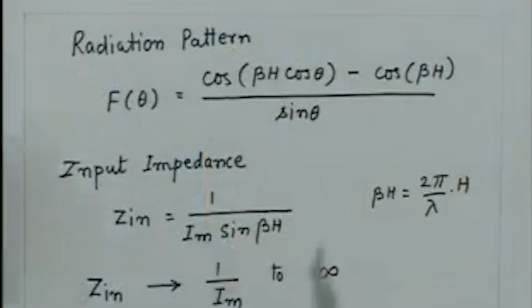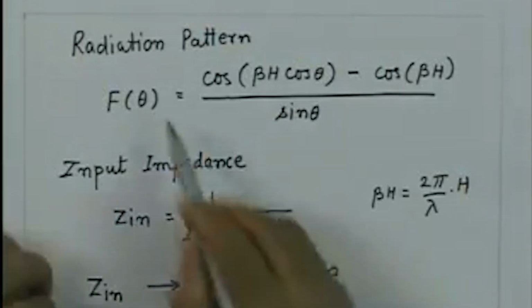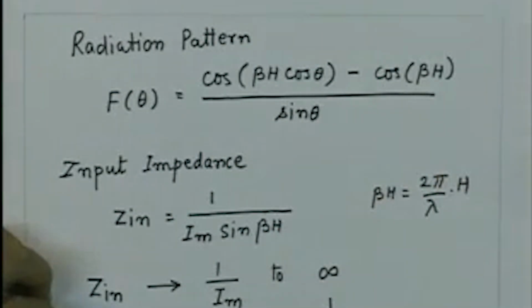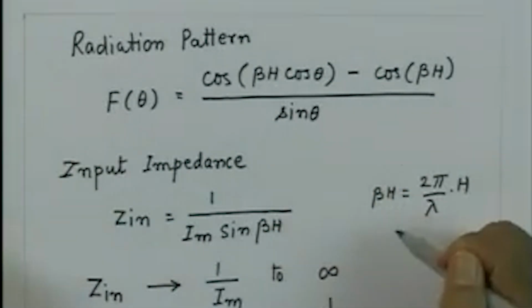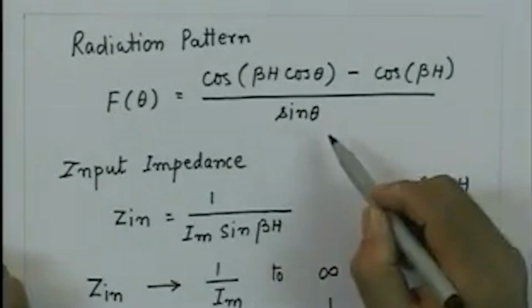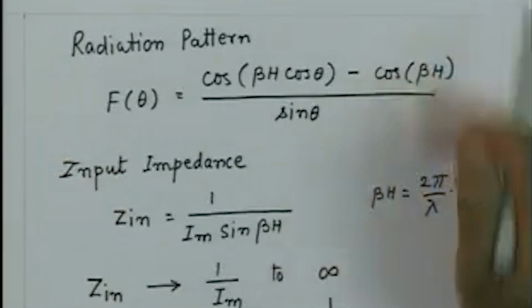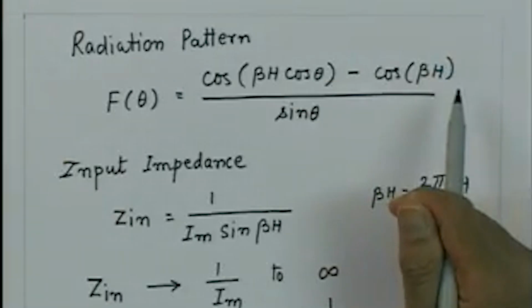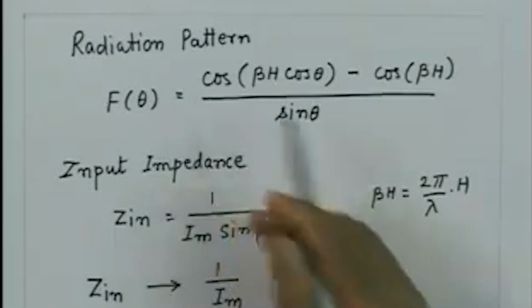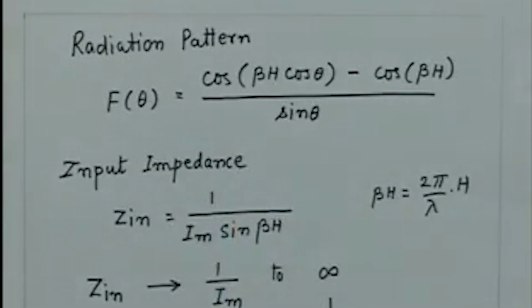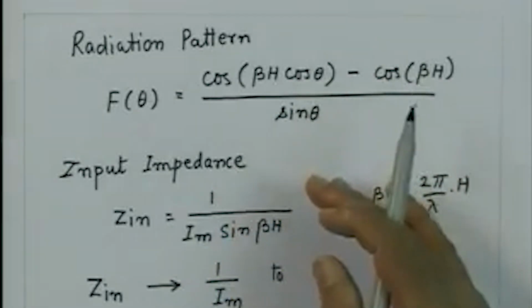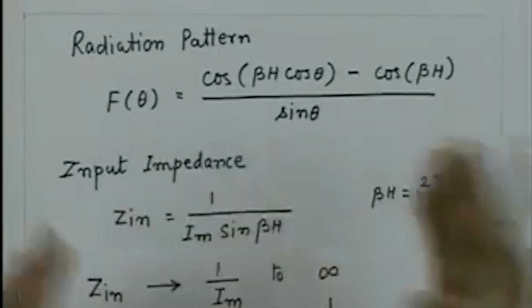What happens with the radiation pattern when we change the length of the antenna? That is also very complicated. Again, immediately it is clear that as the length of the antenna increases, this function might have multiple maxima, and this function might go to 0 many times as a function of angle theta.